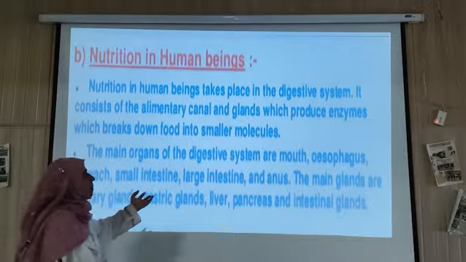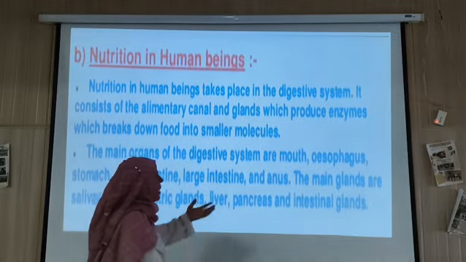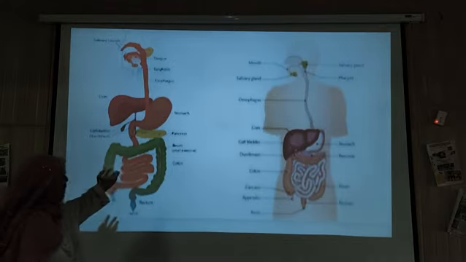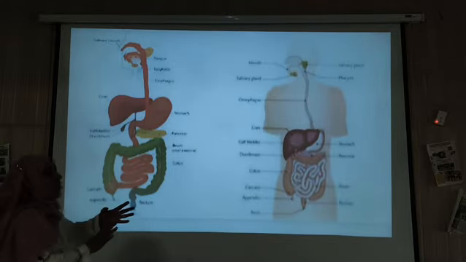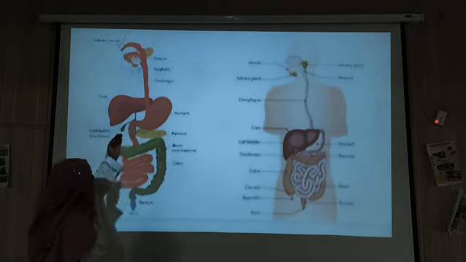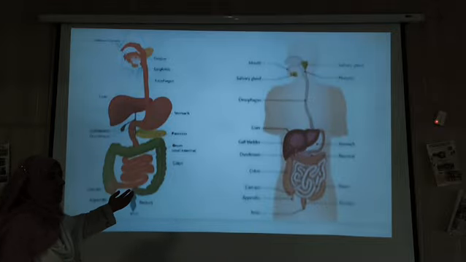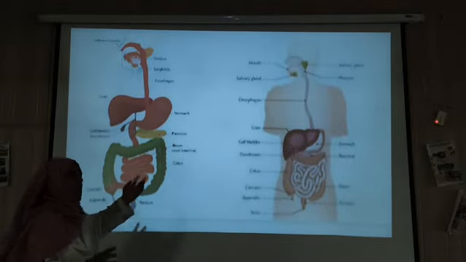This digestive system starts from the mouth, and then there is the food pipe called the esophagus. In the esophagus there is no digestion, but digestion starts from the mouth, because the mouth contains salivary glands that contain an important enzyme, salivary amylase, which helps in digestion of carbohydrate.